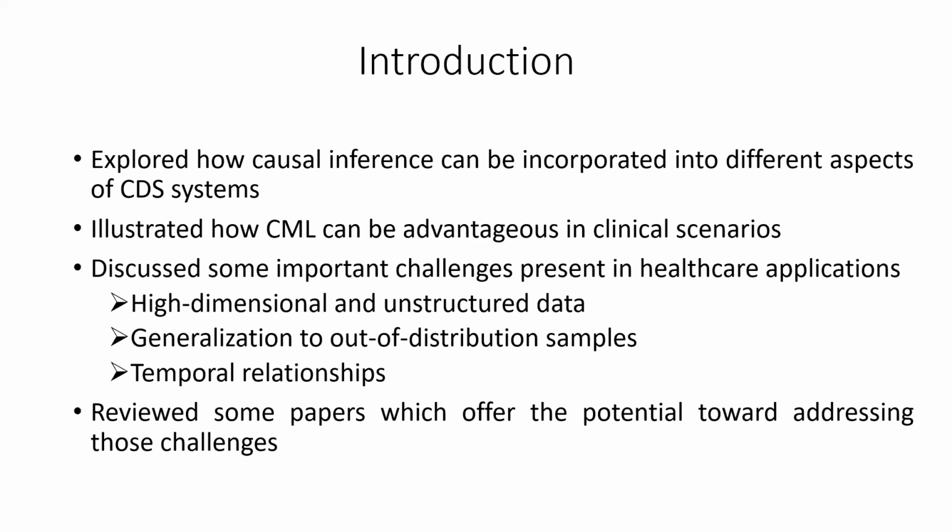This paper explored how causal inference can be incorporated into different aspects of clinical decision support systems. It used Alzheimer's disease as an example, illustrating advantageous points in a clinical scenario using a causal machine learning model.